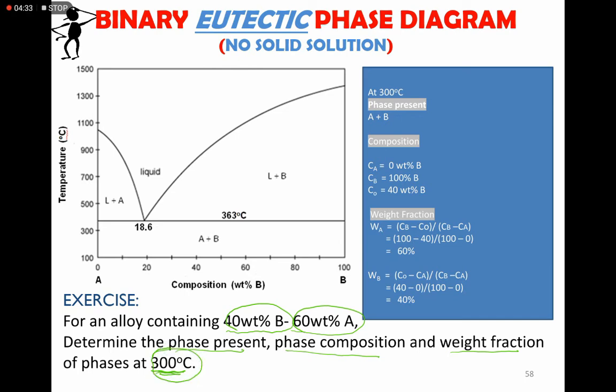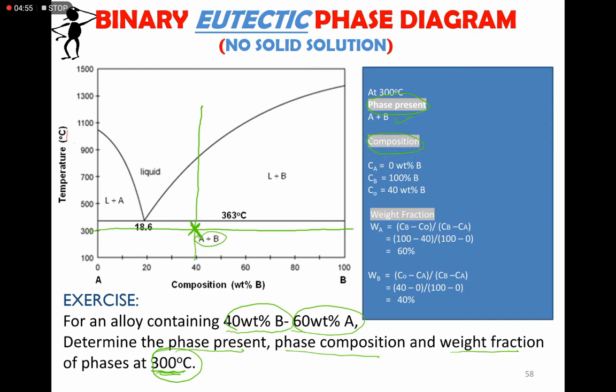First, composition 40 weight percent B and 300 degrees Celsius, and then you get this region. So your answer for phases present is A plus B. How about the composition?